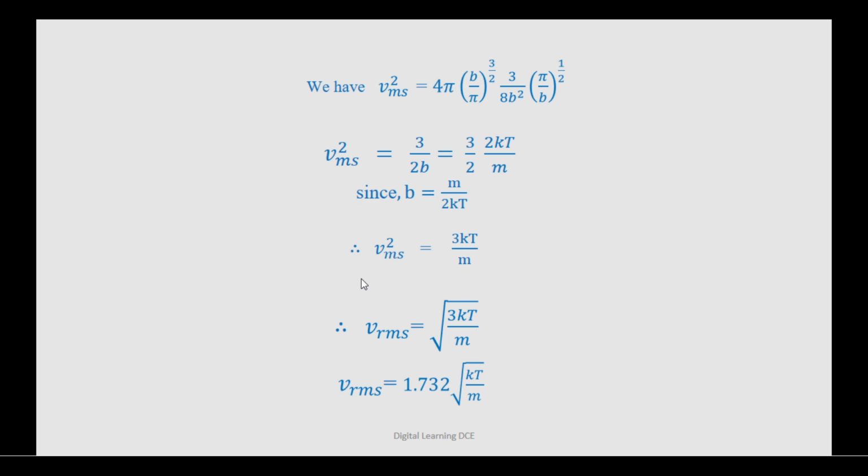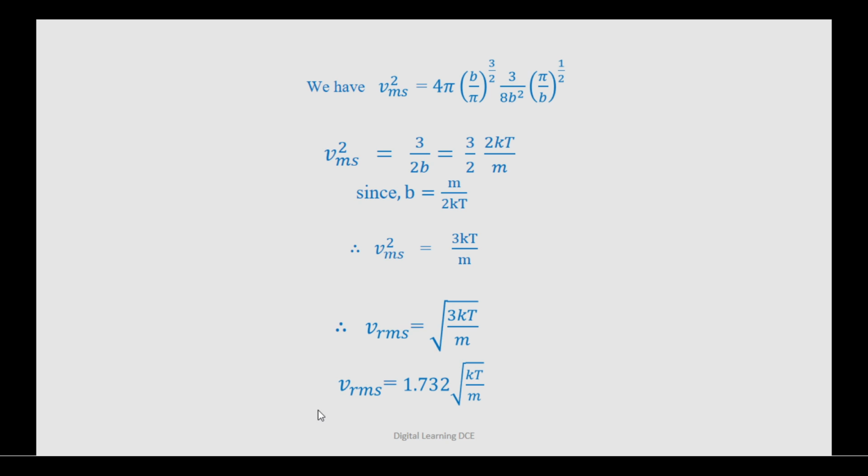On taking the square root on both sides, we get the root mean square velocity, that is the square root of the mean of squares of velocities of all the gas molecules, which is the square root of 3kT by m. The value of root 3 is 1.732.